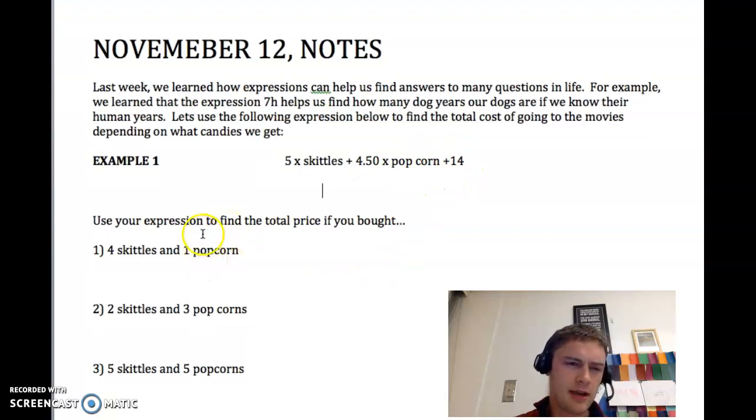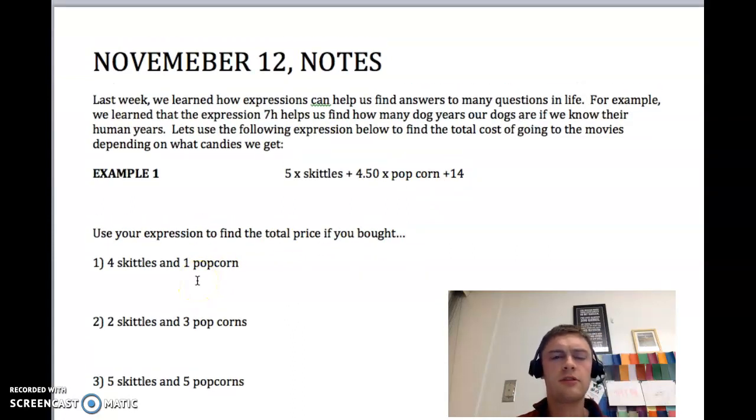Looking ahead, we have some more questions to do, so it might be helpful to create the shorthand version. Instead of 5 times Skittles, we could do 5 times S, so 5S. When numbers and letters are next to each other, multiply.